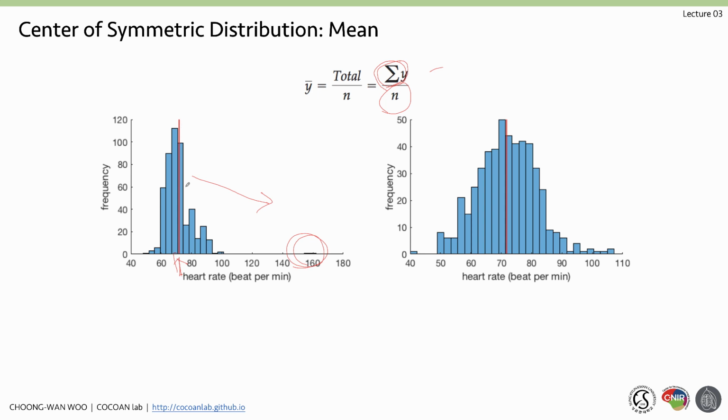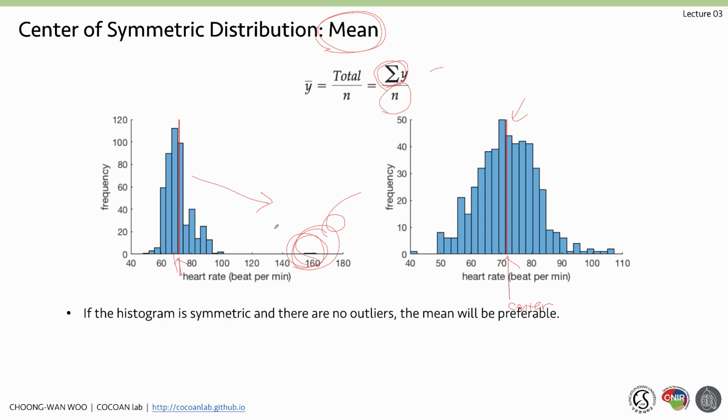So it's a little bit skewed. If I omit these values, it looks more symmetric. This is the mean after I remove the far outliers, and this looks more like the center, right? So mean works for symmetric distribution, but doesn't work really well for skewed data.